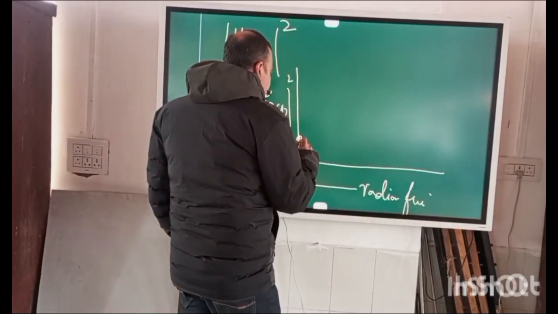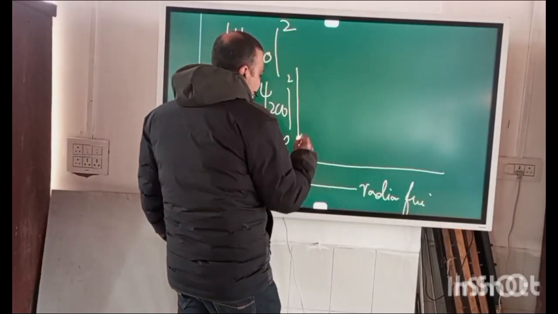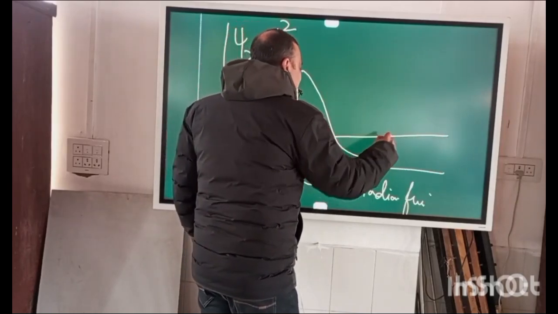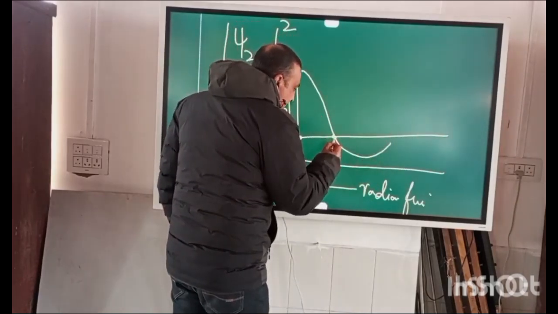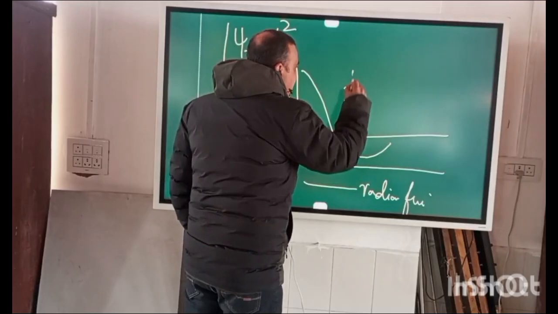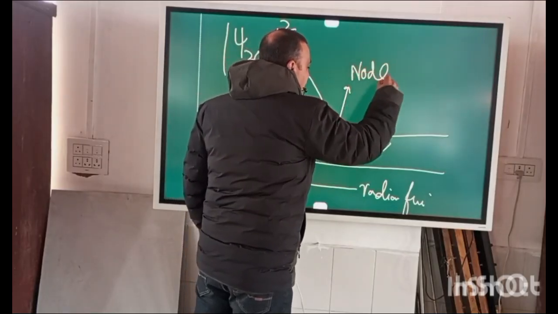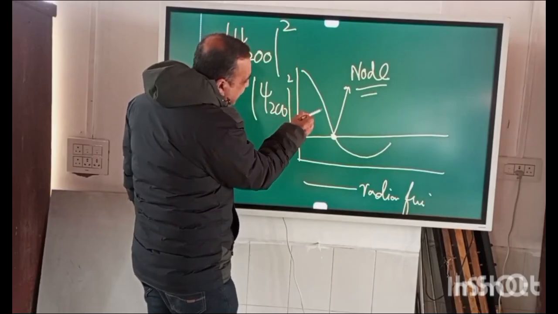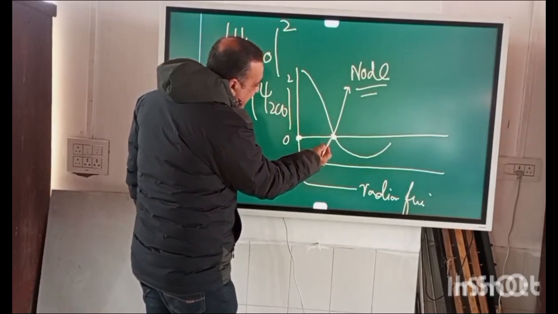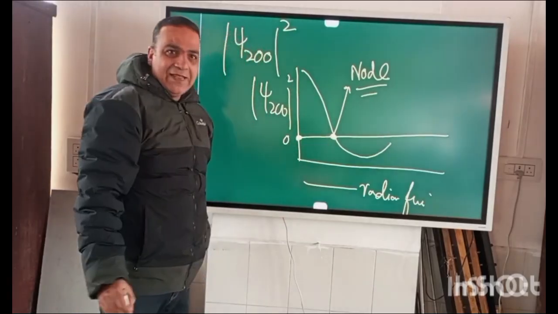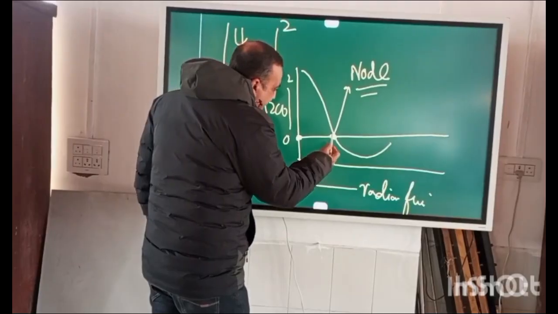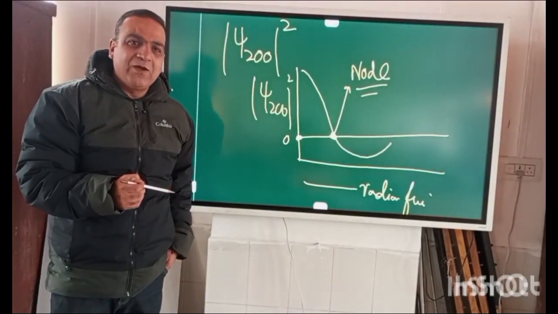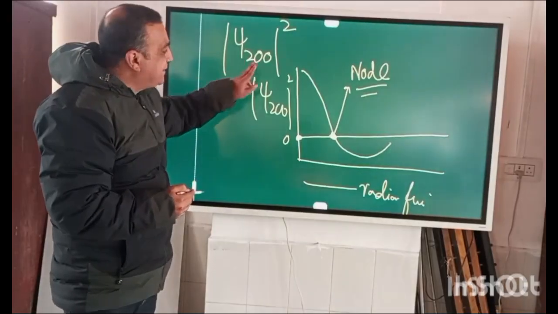And suppose this is 0 of the graph. I obtain a behavior like this. Now this point is called node. And you can see that this probability density is 0 at this point. That means you have a point where probability of finding the electron is 0 for 2s.